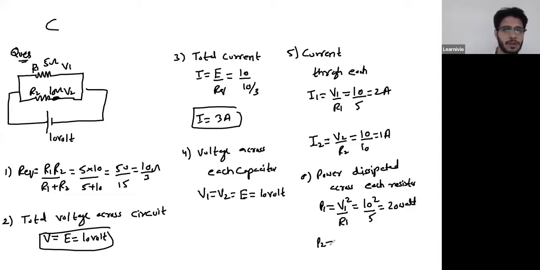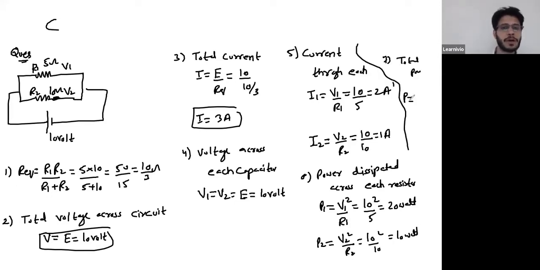Afroza, how would you calculate P2? V2 square by R2 would be 10 square by 10. It comes out to be 10. And how would you calculate the total power? We can use V square by R equivalent, or we can simply add individual powers.